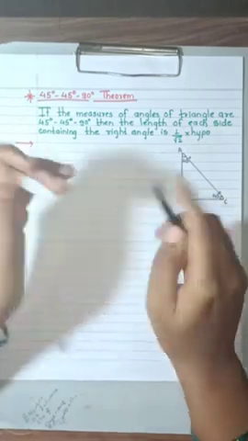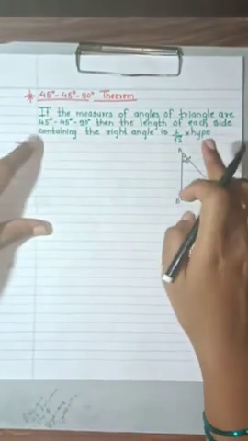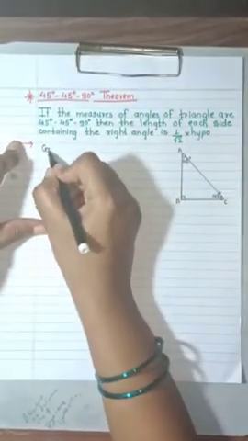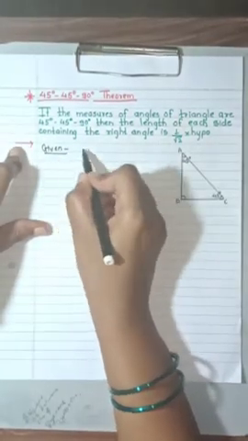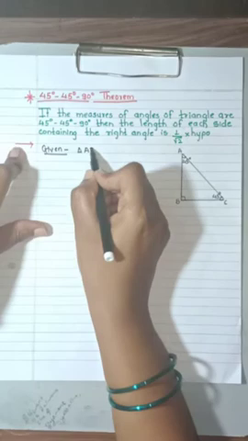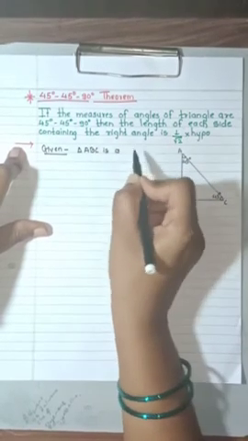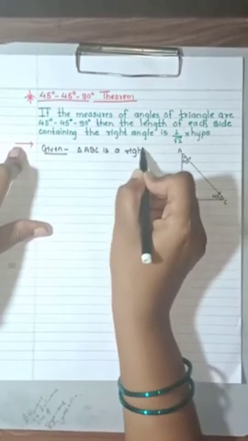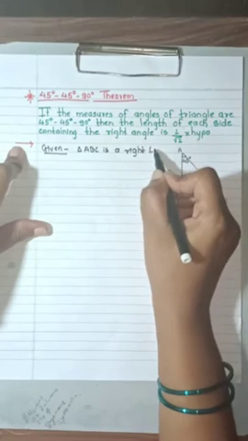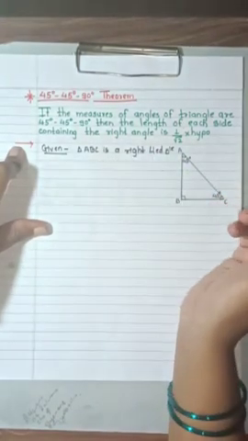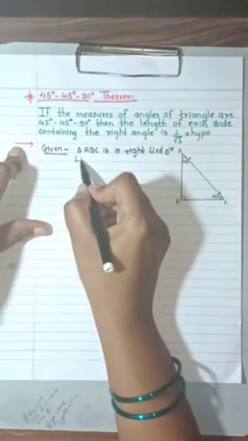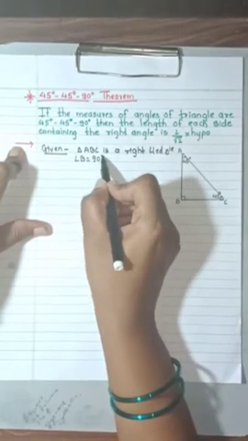Okay, so here you will write down in given. Given triangle ABC is a right angled triangle and angle B is 90 degree.